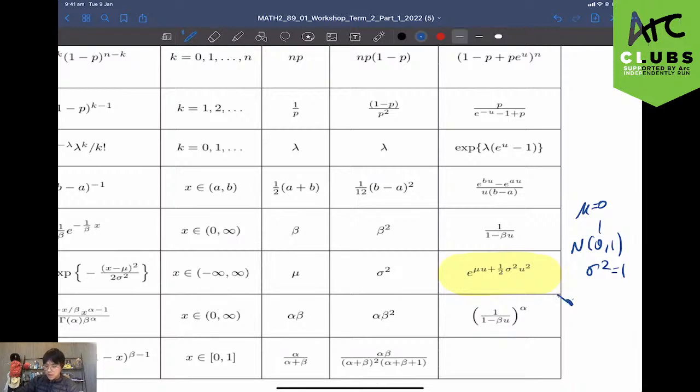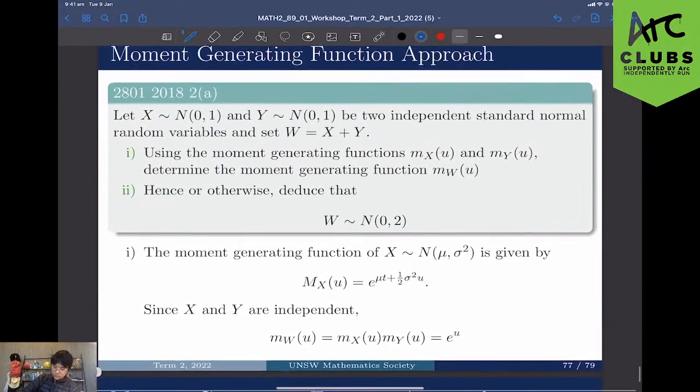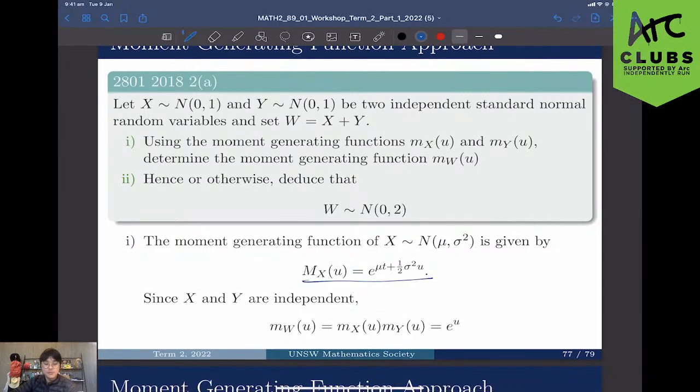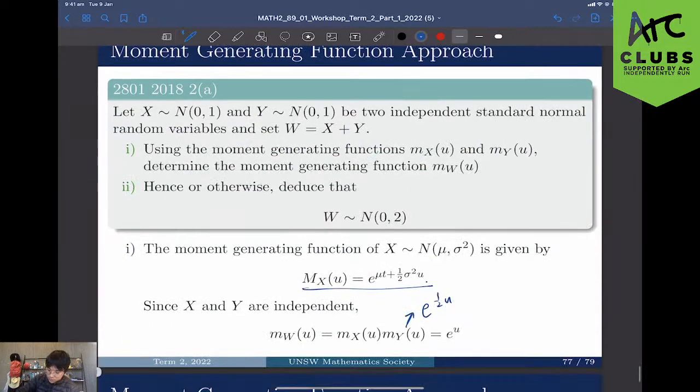So the MGF of N(0,1) is going to be e to the power of 0, since the mean is 0, plus half sigma squared u squared. So yeah, that's the formula for the MGF of x normal, which is e to the power of half u squared.